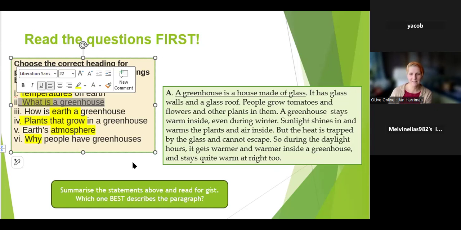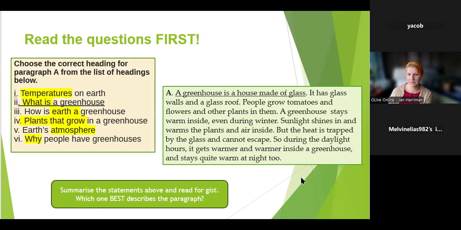That first sentence is all about what is a greenhouse. Now, all we have to do is skim through here. Okay, they mentioned tomatoes. Do they mention other plants? No, it's not a bunch of plants. There's only a few mentions of plants, right? So it's not about plants.